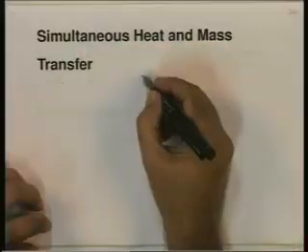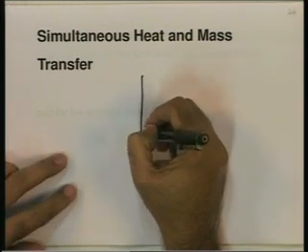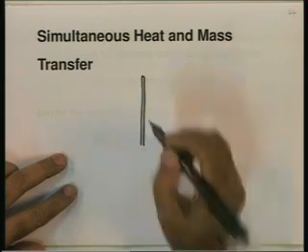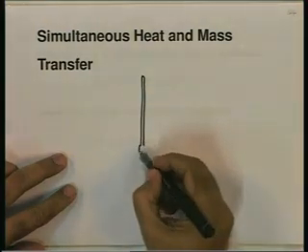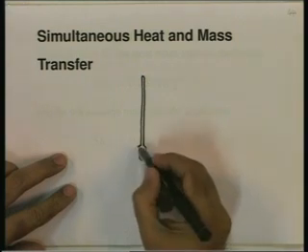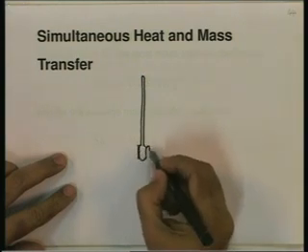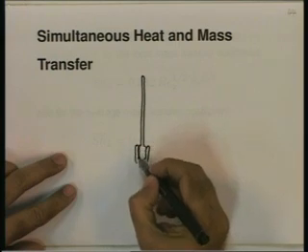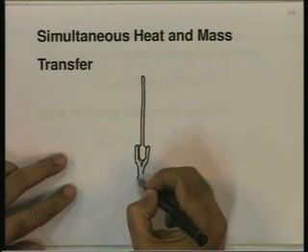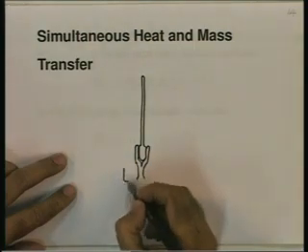Let us sketch the situation. Let us consider a wet bulb thermometer. This is the stem of the thermometer and this is the bulb of the thermometer. The bulb is covered by a wick, a piece of cloth which is dipped in water.